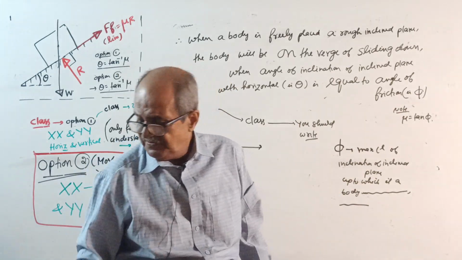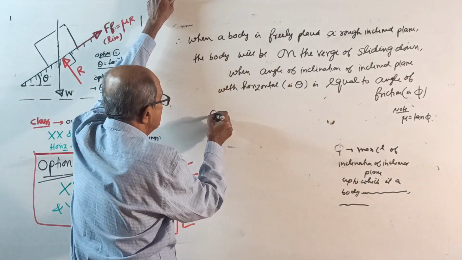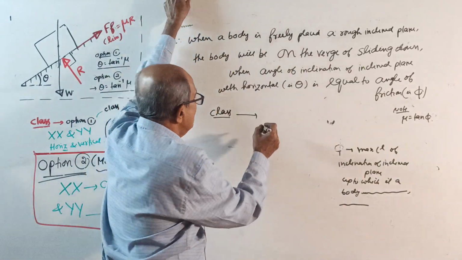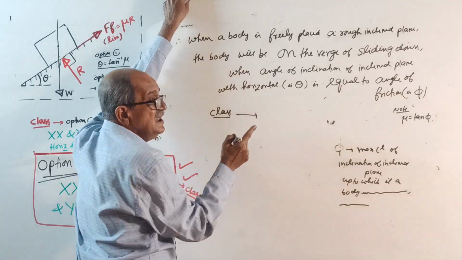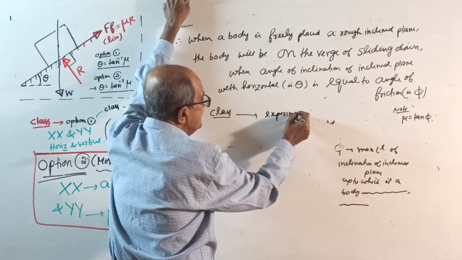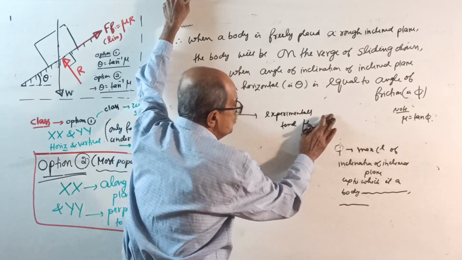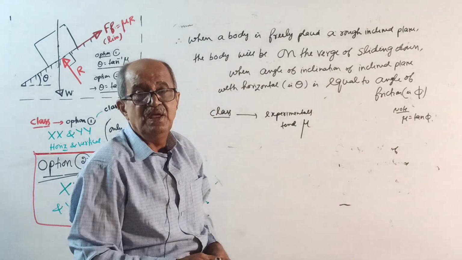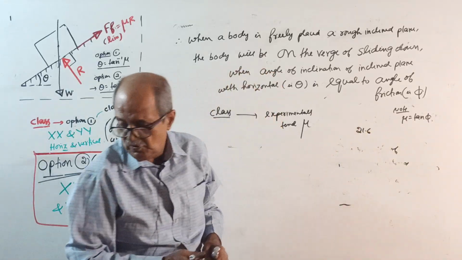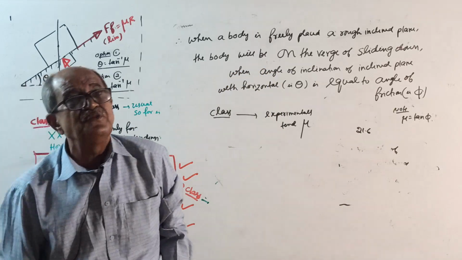Now one more thing, class. This theory we can use to experimentally find the coefficient of friction mu. Once again I will tell 21.6 degrees. If you want to see the coefficient of friction, you cannot see it.